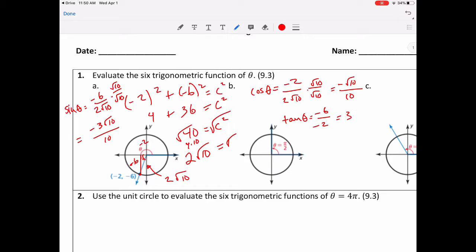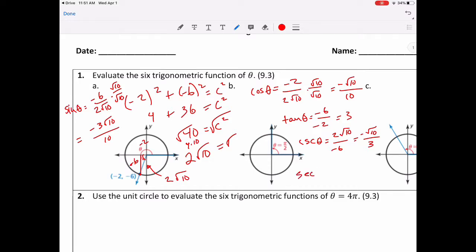All right, cosecant. Cosecant is just sine flipped over. So that'd be 2 root 10 over -6. And then, of course, cancel. That'd be -root 10 over 3.